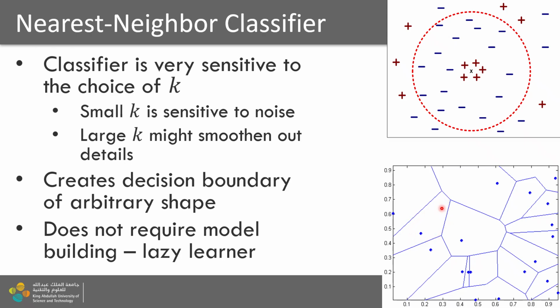This kind of Voronoi diagram representation, which can be geometrically calculated relatively easily, will be the typical nearest neighbor classifier decision boundary if we have k equals 1. So for k equals 1, once we enter one of these partitions, we will immediately know to which element the class belongs.